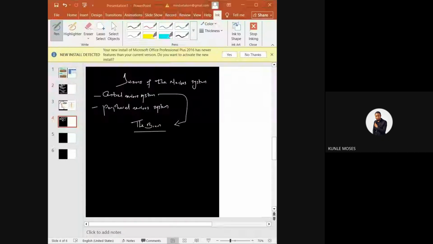So that's what the spinal cord does. For example, if you touch a hot object, the message can travel from the skin to the spinal cord to the brain.